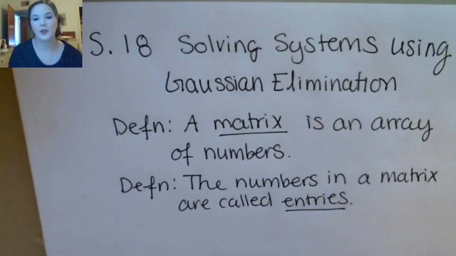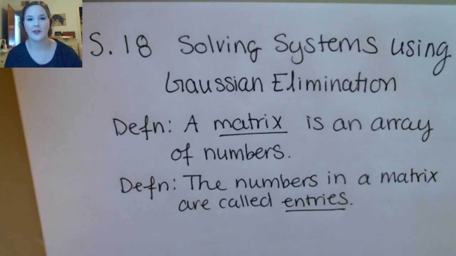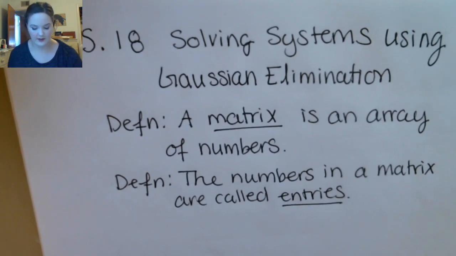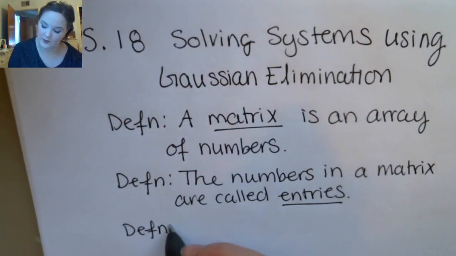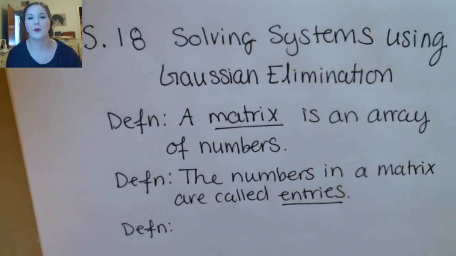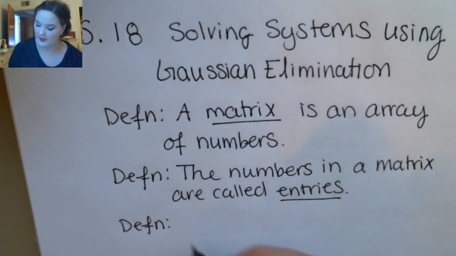Each number in the matrix is called an entry. So you have several different entries in a matrix. All right, so let's talk about why we would need an array of numbers when we're talking about systems of equations.